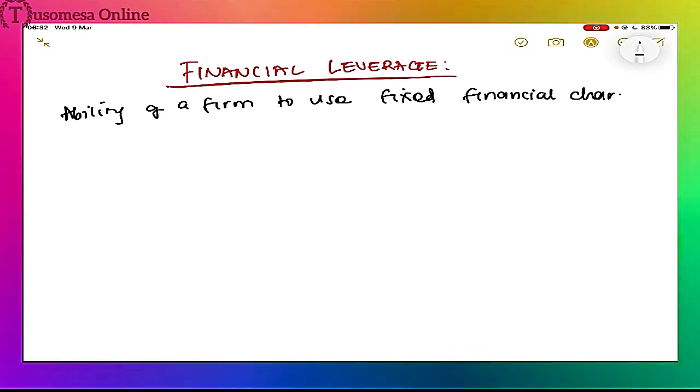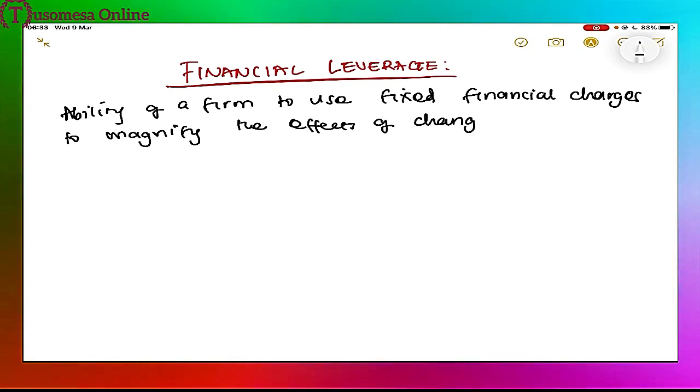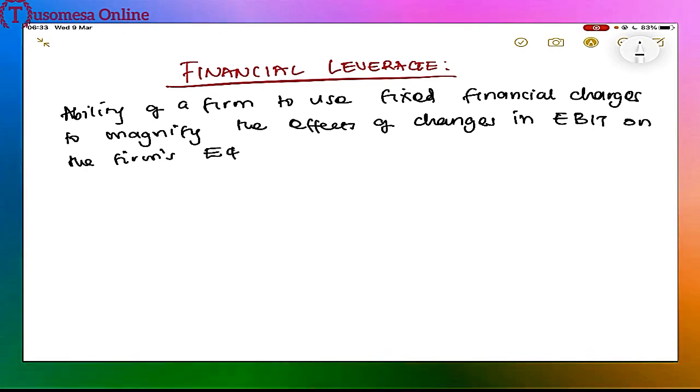So, the ability of a firm to use fixed financial charges to magnify the effects of changes in operating profit on the firm's earning per share.